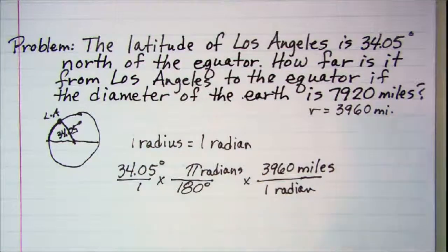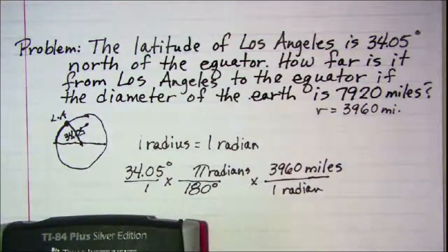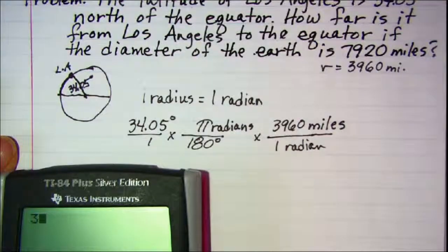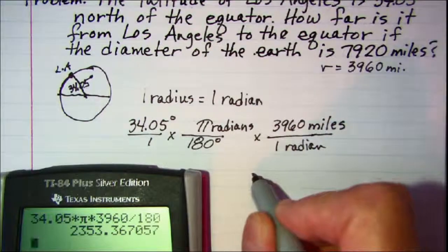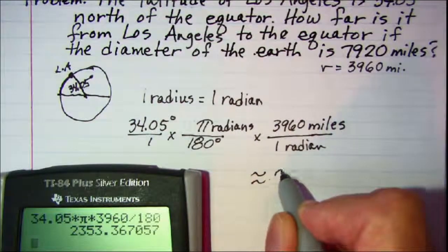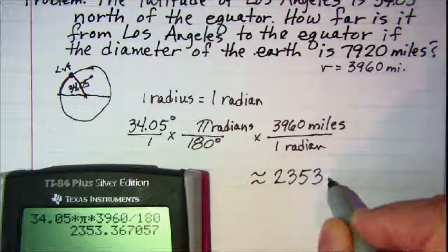So all I just need to do is the math on this and I should be good. 34.05 times pi times 3,960 divided by 180. This gives me approximately 2,353 miles.